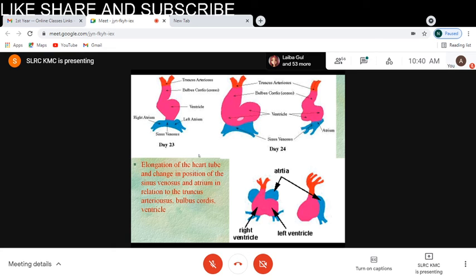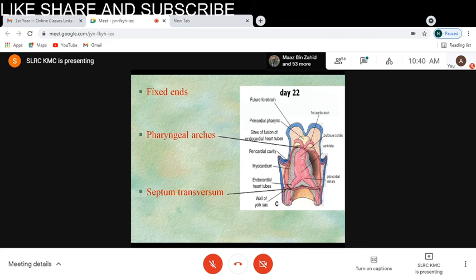Now, what should the end result of this whole folding process be? In this figure, the arterial end is at the upper end and the venous end is at the lower end. The ventricular part is superior and the atrial part is inferior.